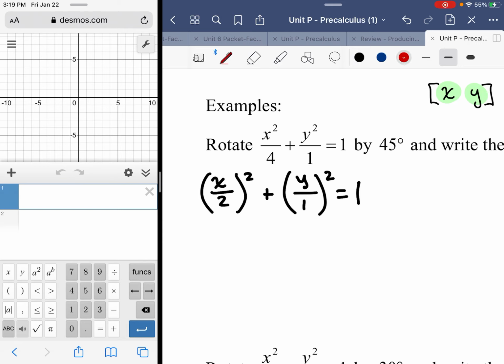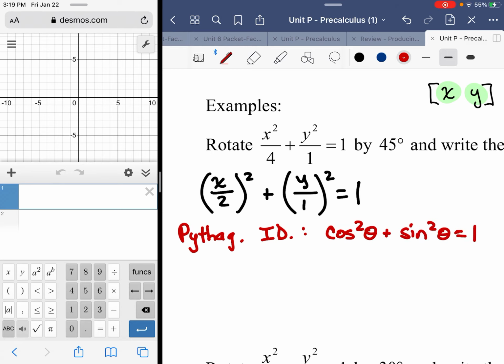All right. We know that there's a relationship. This is the Pythagorean identity, and that's cosine squared theta plus sine squared theta is equal to 1. All right.